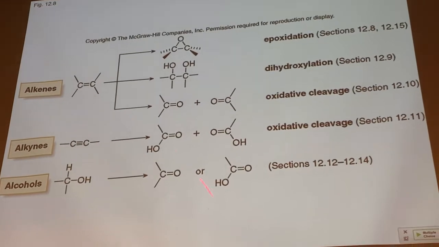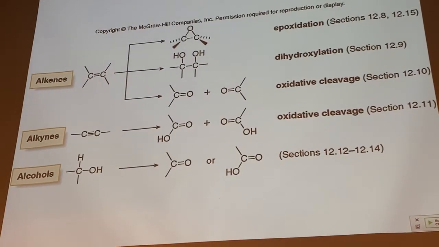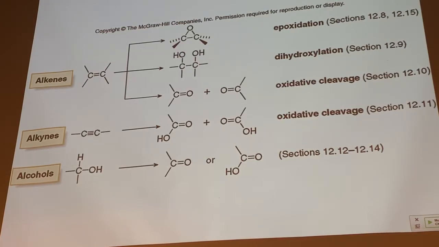So we can oxidize alkenes, replacing the pi bond of alkenes with carbon-oxygen sigma bonds: epoxidation, dihydroxylation. We also can cleave the sigma bond of alkenes, the sigma and the pi bond, generating aldehydes or ketones. That's known as oxidative cleavage or ozonolysis. We can do that with alkynes as well.